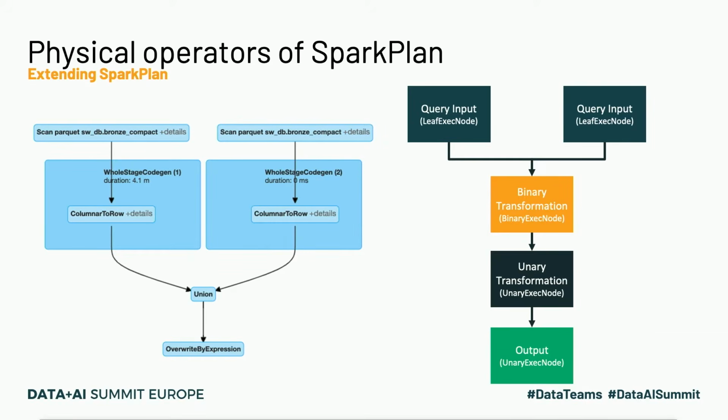The union in this example on the left is a binary transformation, which extends from the binary exec node. The columnar to row is a unary transformation extending from the unary exec node. Sometimes you'll see a specific operator dedicated to writing the output. It will not always be visible, but in the code there's no difference. There's no specific write output exec node. It's all just a unary exec node.